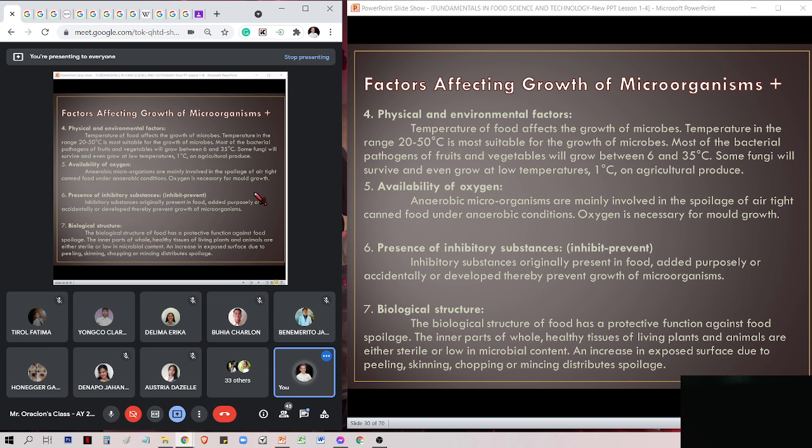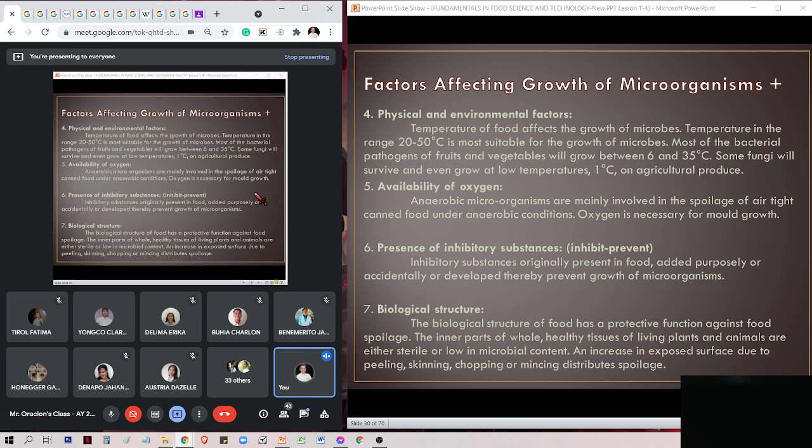Increased exposure of surface due to peeling, skinning, chopping, and mincing distributes spoilage. Fruits and vegetables are totally protected by their natural structure, the skin, against spoilage and bacteria that can affect or infect them.